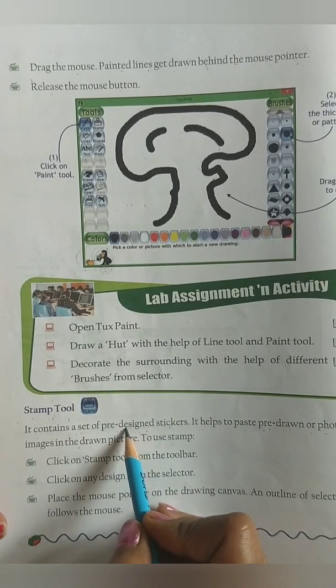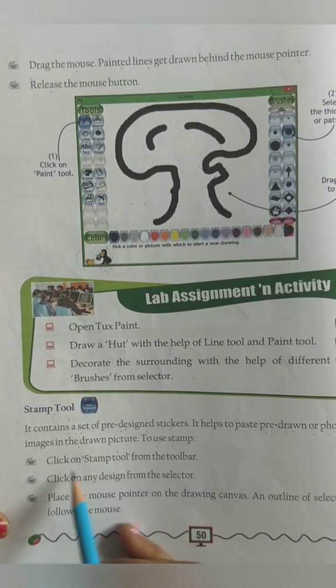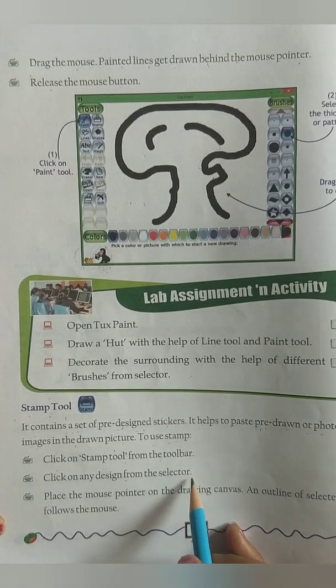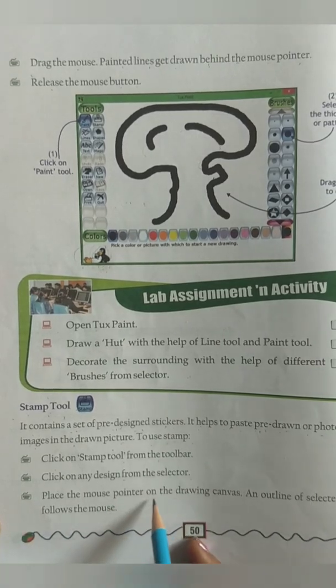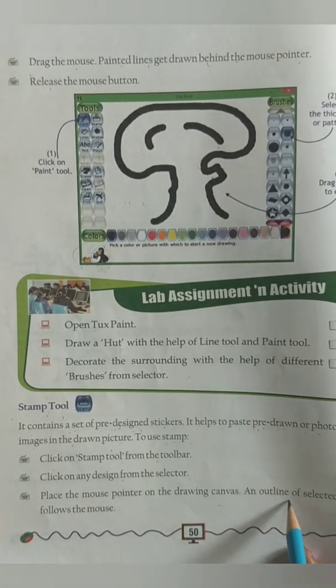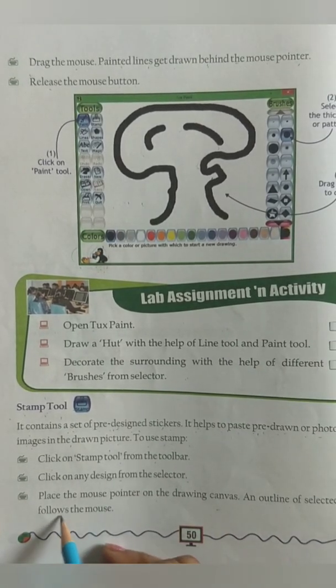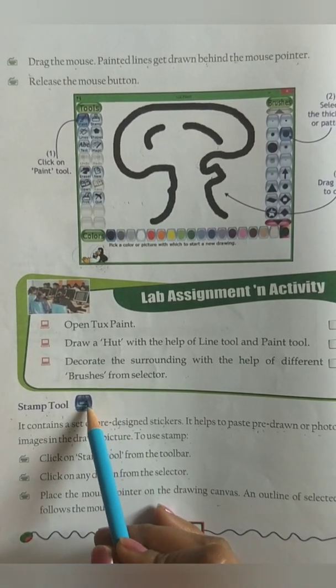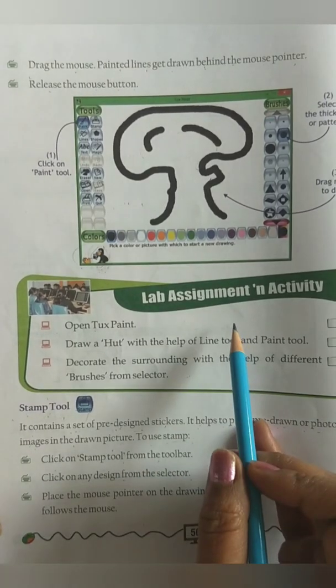Okay? So to do so, click on Stamp tool from the toolbar. Click on any design from the selector. Place the mouse pointer on the drawing canvas. An outline of selected design follows the mouse. So as I told, as soon as you select this stamp tool, one selector box will appear on the right side.